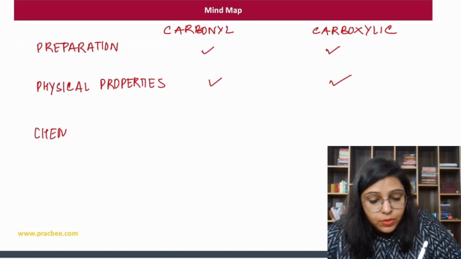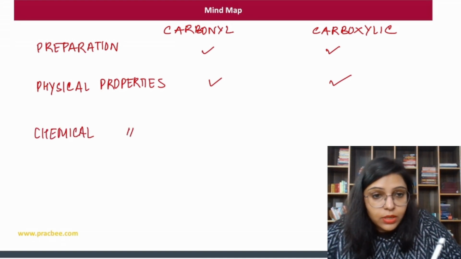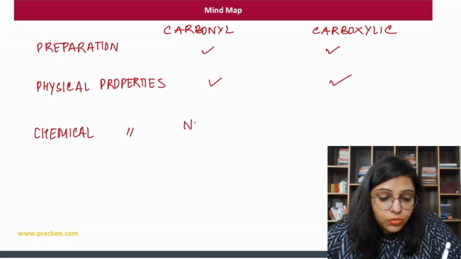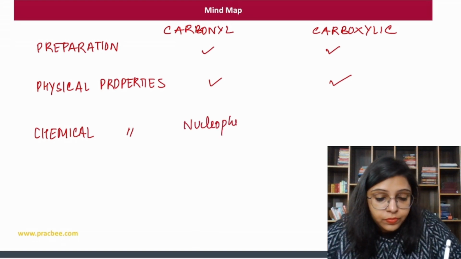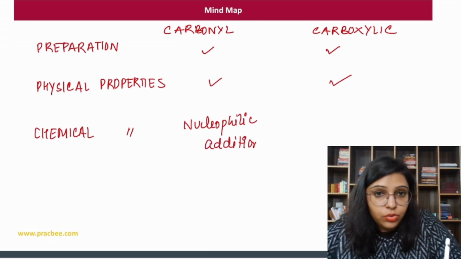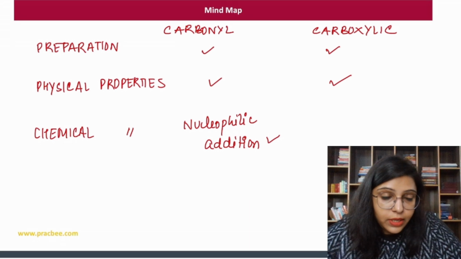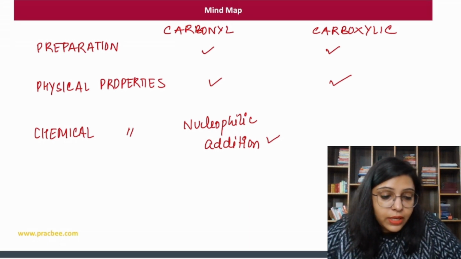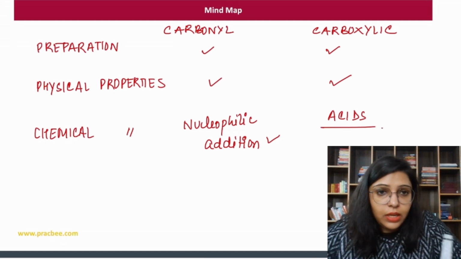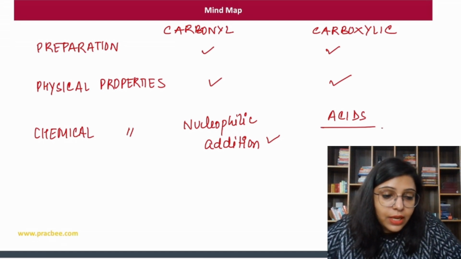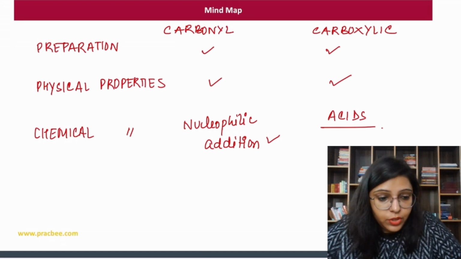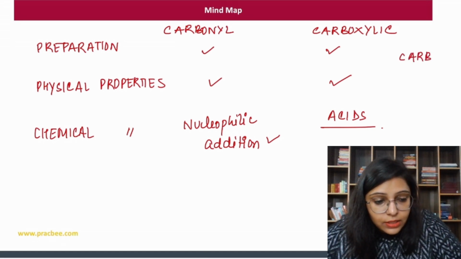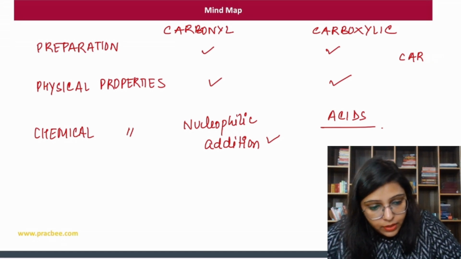Then we have chemical properties. We know that carbonyl compounds generally undergo nucleophilic addition reaction, so you should know the mechanism of simple nucleophilic addition reaction. Carboxylic acids behave like acids in most reactions. In carboxylic acid we have one important topic, that is the carboxylic acid derivatives.